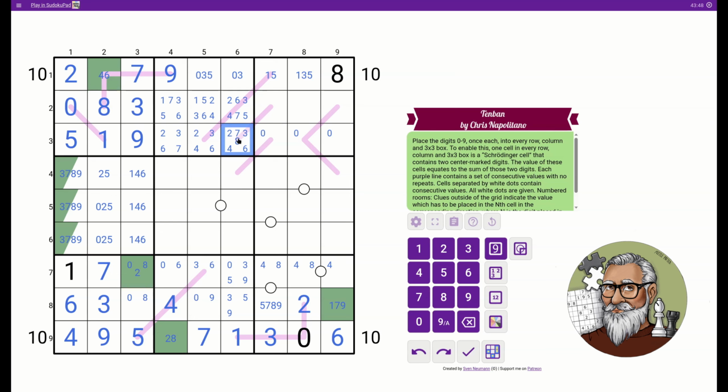Oh, these aren't 5. This one isn't 5. Ah, so now I know one of these is 5. Interesting. But that doesn't help me eliminate 6 or 4, does it? Because it could still be green.